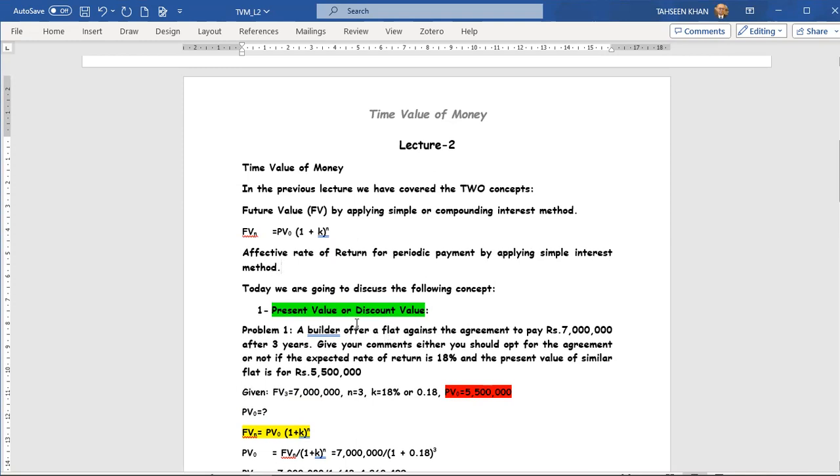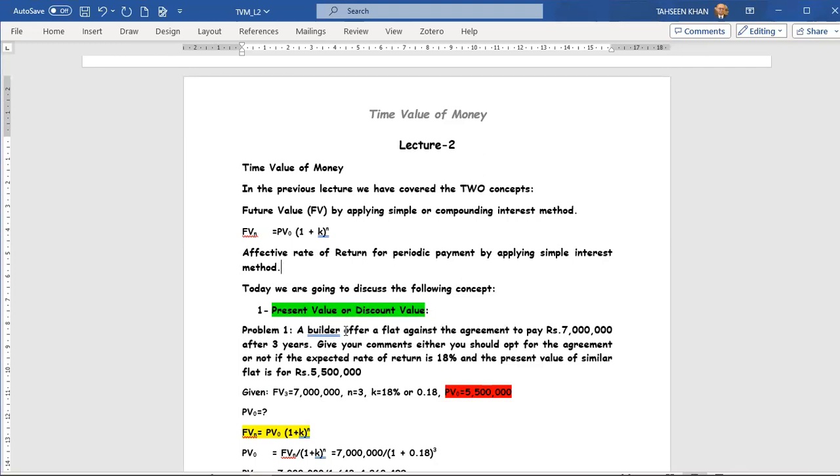Today we are going to discuss, first of all, the present value or the discounted value. Here, I'm going to start with a practical example. A builder offers a flat against an agreement to pay 7 million after 3 years.